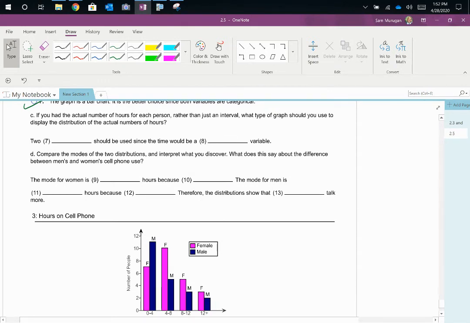In that case, because the data would be numerical, we would use histograms, since the time would be a numerical variable and not categorical data. If we had actual data showing how much time each person spent rather than groups, a summary of data that were categorical.